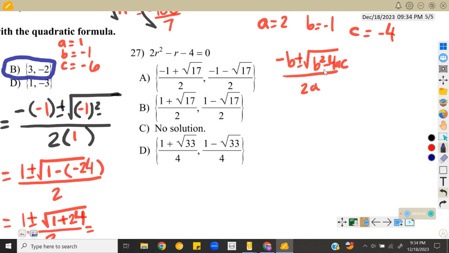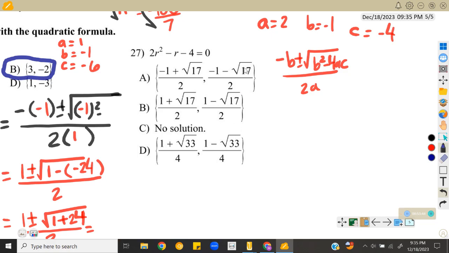To find out how many solutions we have, and it can also kind of tell us where our vertex is going to be, right? Is it going to be sitting on the x-axis? Is it going to be above? Is it going to be below? How many x-intercepts are we going to have? There's a lot of things that this value tells us, okay?